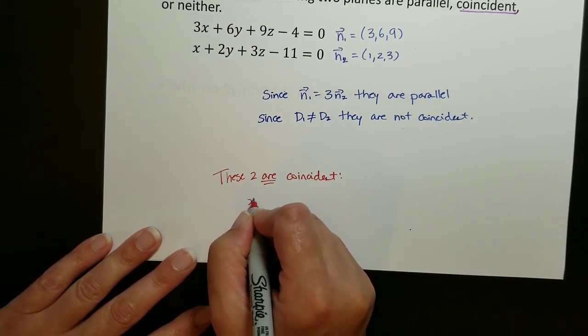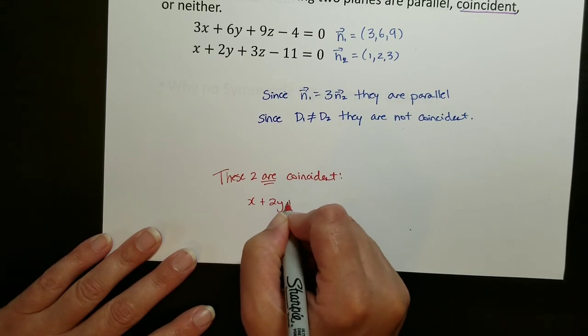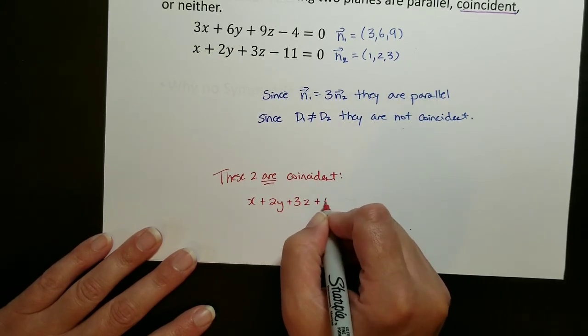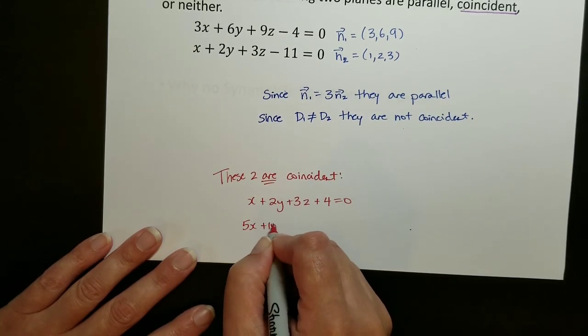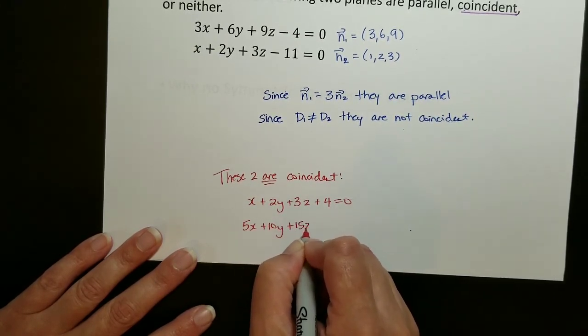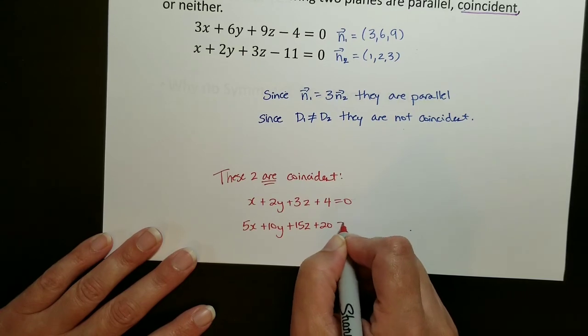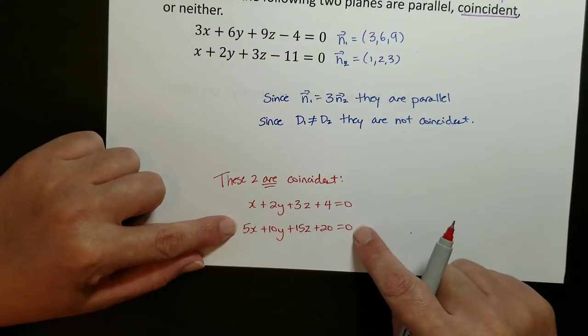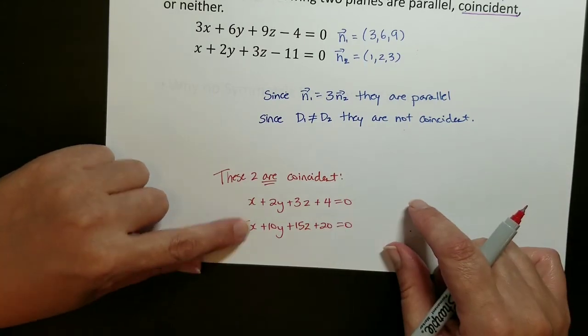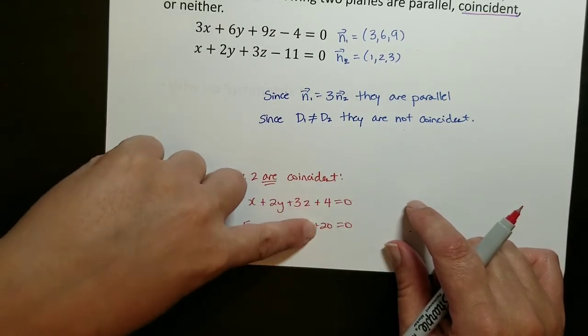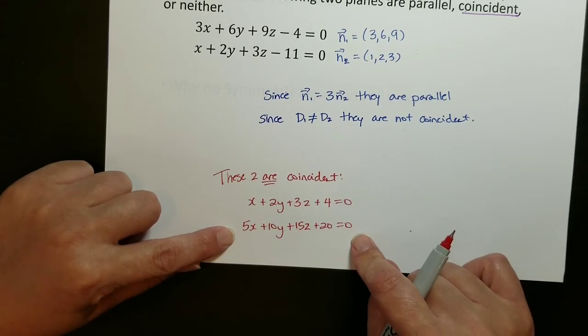If you said x plus 2y plus 3z plus 4 equals 0, and 5x plus 10y plus 15z plus 20 equals 0, hopefully you can see why this would be coincident and the other one would not, because this whole equation is exactly the same relationship, just multiplied by 5.